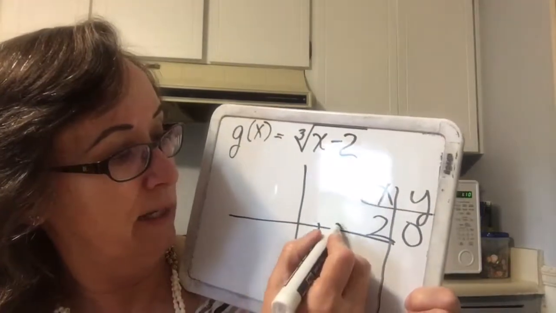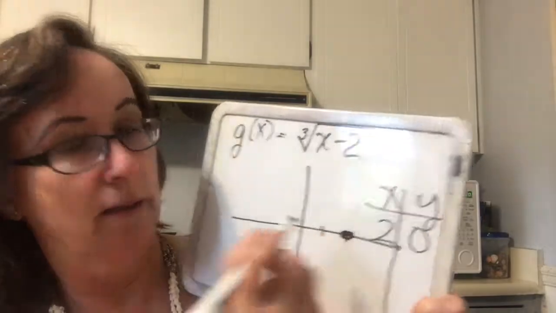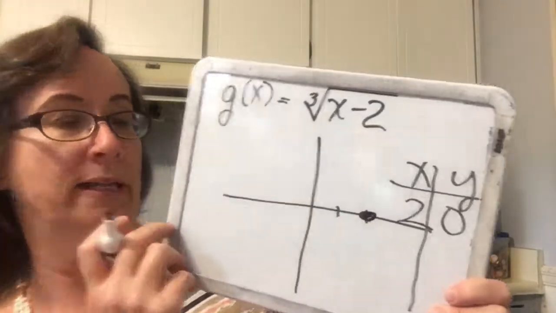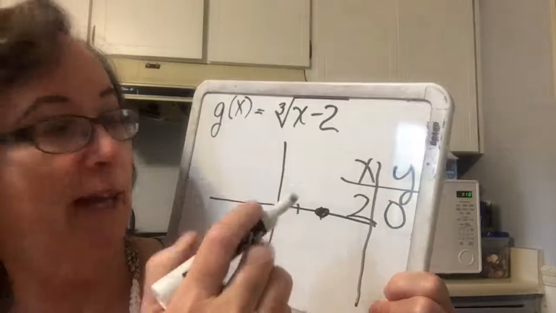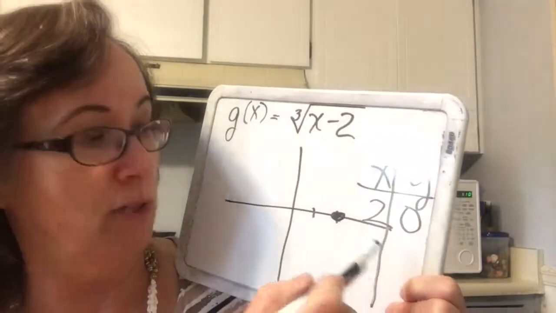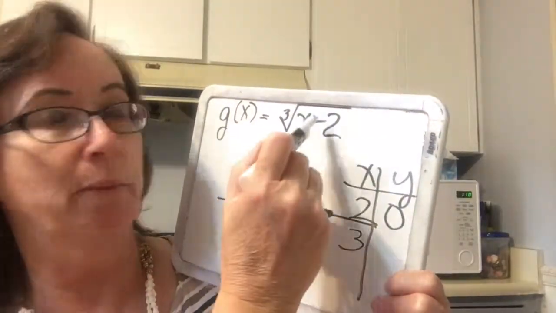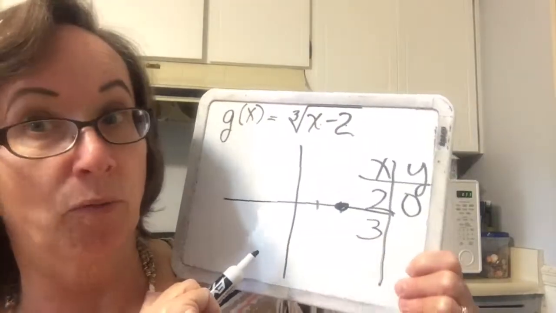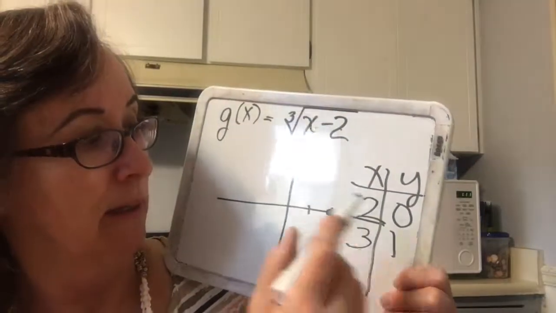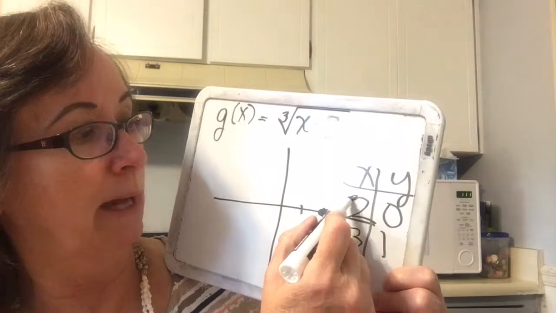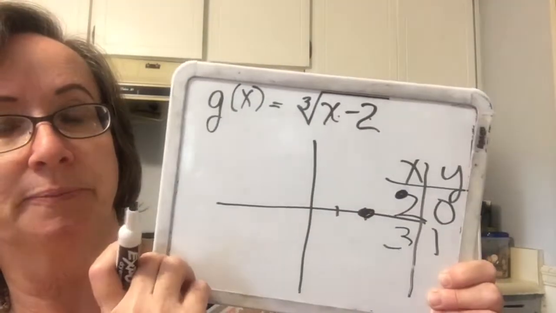So 2, 0, and there's my point. All right. So then if I go 1 point to the right of 2, I put in 3. 3 minus 2 is 1. The cubic root of 1 is 1. So 3, 1 would be a point.